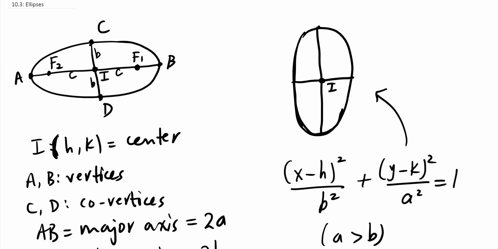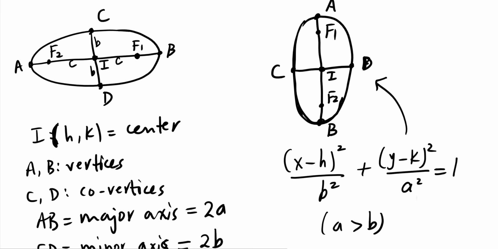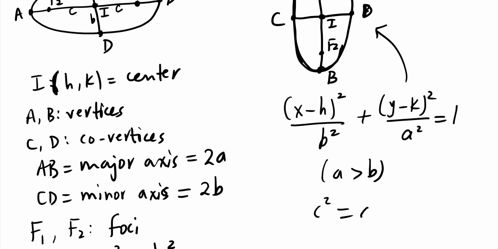Then these are the vertices and these are the co-vertices. The foci are always on the major axis. c squared equals a squared minus b squared works the same in this case as well. The major axis has length 2a, the minor axis has length 2b at all times. a is always bigger than b.